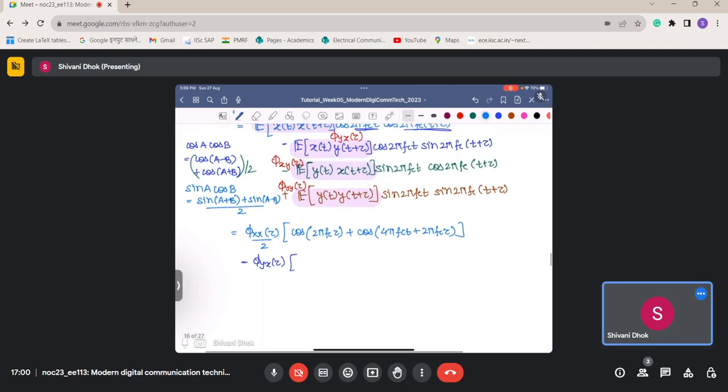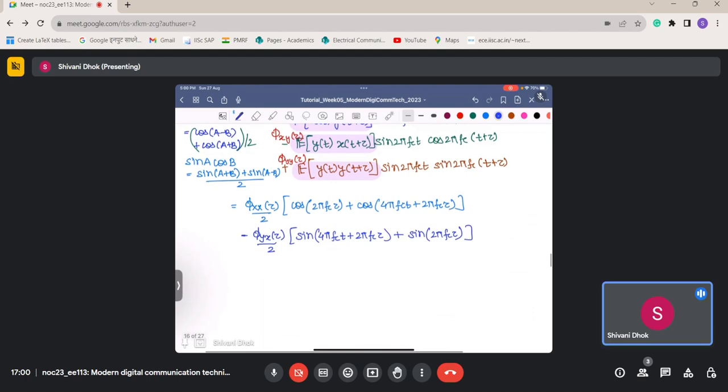So sine A plus B will be simply sine of 4 pi fct plus 2 pi fc tau, plus sine of 2 pi fc tau, divided by 2.